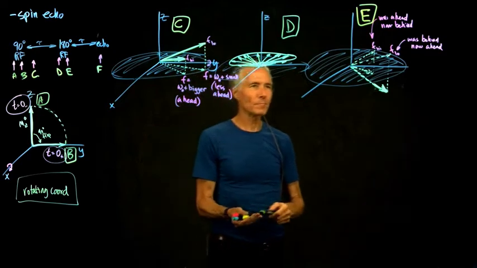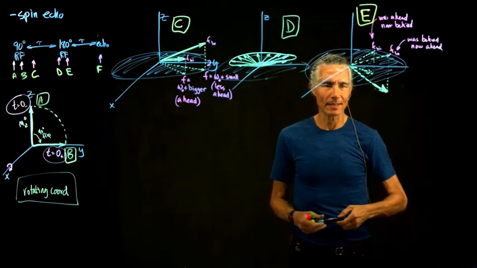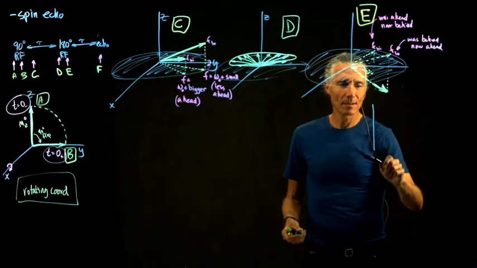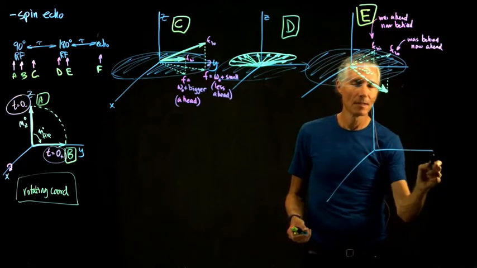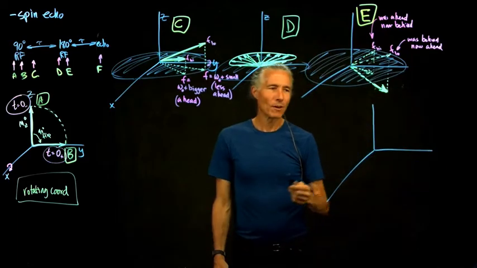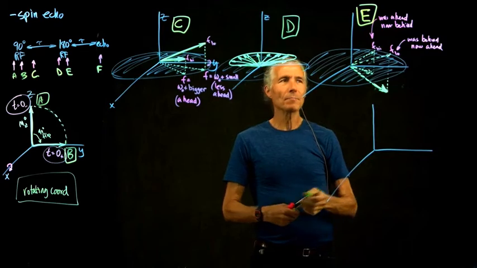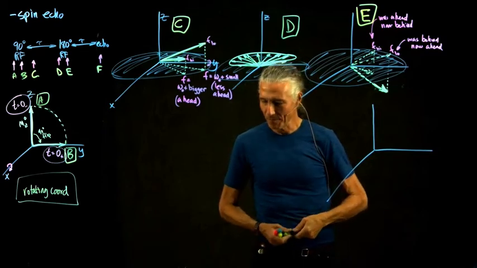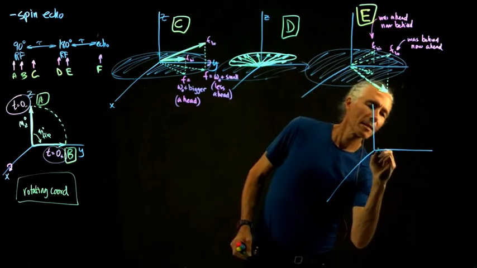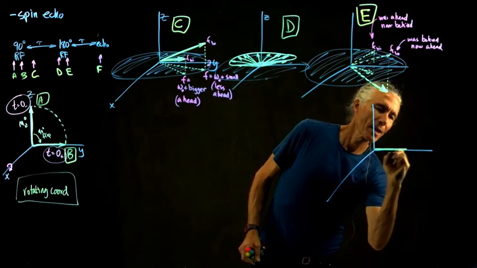Well, during the echo, everything will be fixed. So here's the situation at the echo. Everybody just piles back in on top of each other, and you just end up with a vector that's right on the y-axis again.